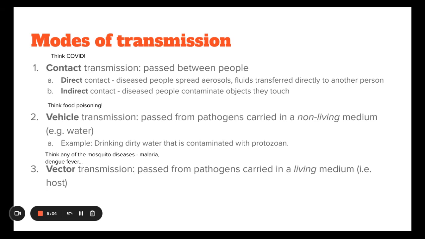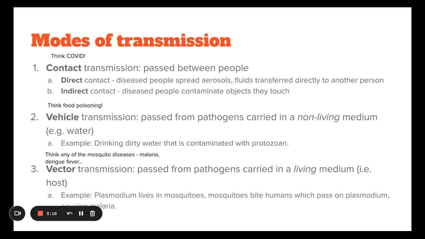Right. The third one is called vector transmission. So it's what happens when pathogens have been carried in a living medium that's being passed on to another person. Right. So we call this living medium often a host, and often we have mosquitoes as a classic example. So Plasmodium lives in mosquitoes. So Plasmodium, remember, is the specific species that causes malaria, but it needs the mosquitoes, right, as its host.